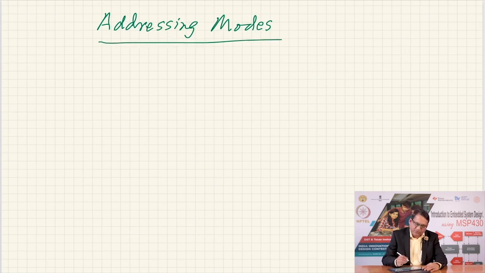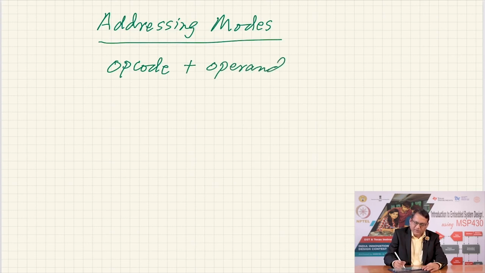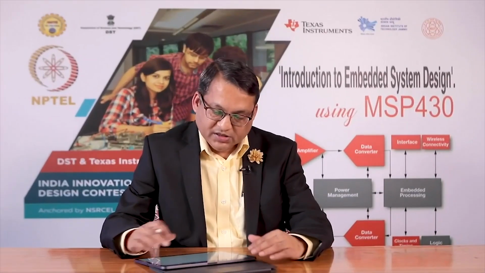Addressing mode refers to the way in which, for an instruction which has a given opcode, the operand is specified. Meaning if I want to add two numbers, those two numbers could be available in two registers, or one number is available in a register and the other number is in a memory location, or one number could be in a register and the other number is an immediate number. So these offer more variety in the basic instruction like add.